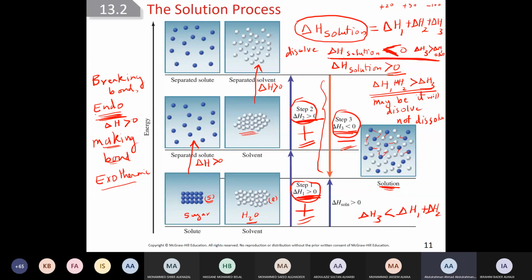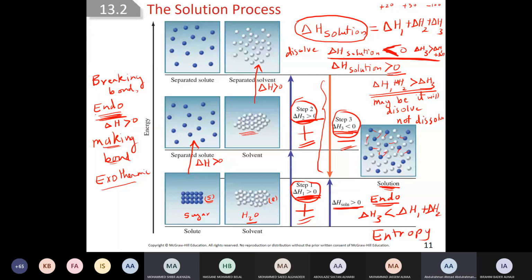So as delta H solution is greater than 0, is this endothermic or exothermic? Endothermic. It is endothermic, but it dissolves. Why does it dissolve in liquid here? Because of the entropy.